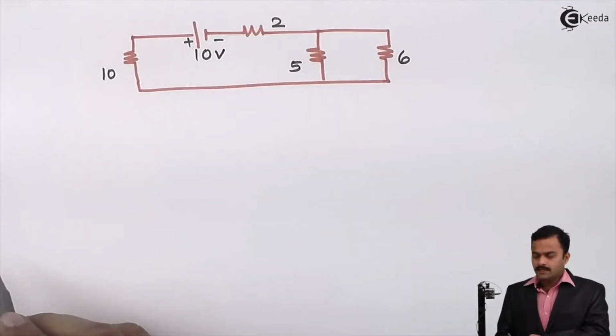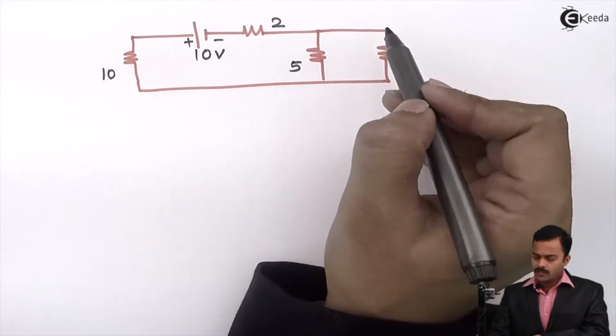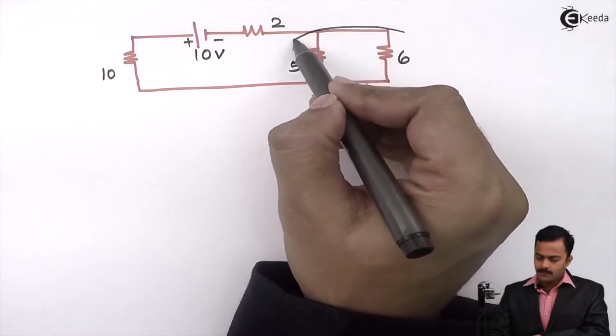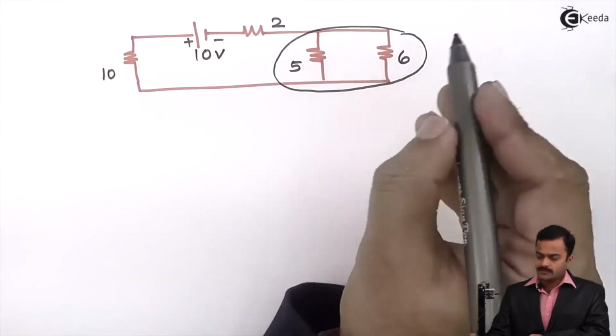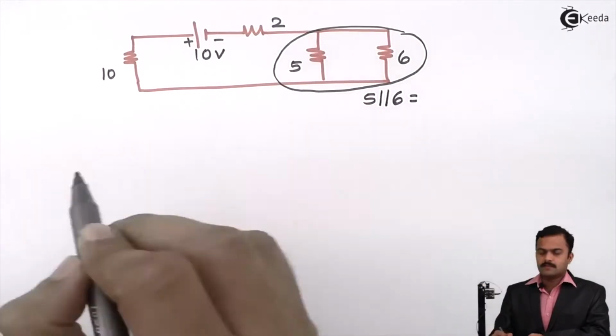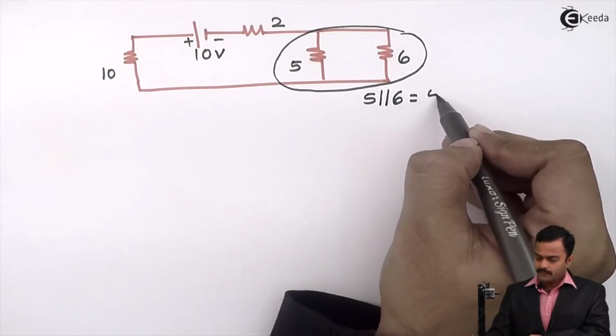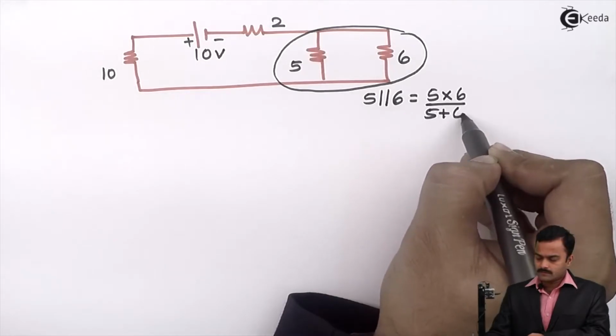Now here, instead of using nodal analysis, I will go for series parallel combinations. So I will consider the parallel combination of 5 and 6, which I can write as 5 into 6 divided by 5 plus 6.